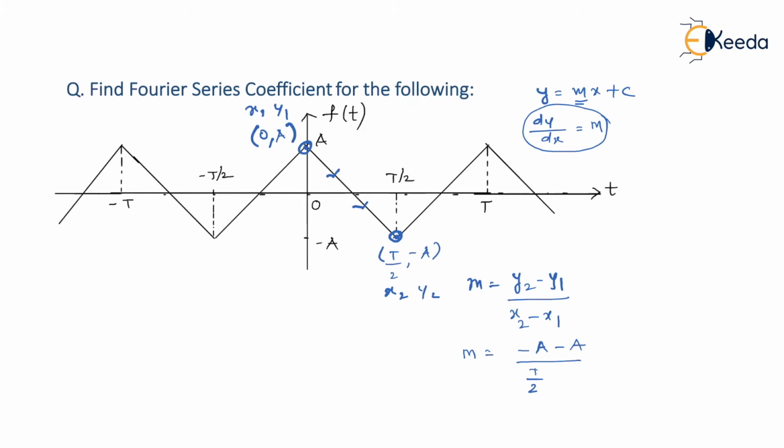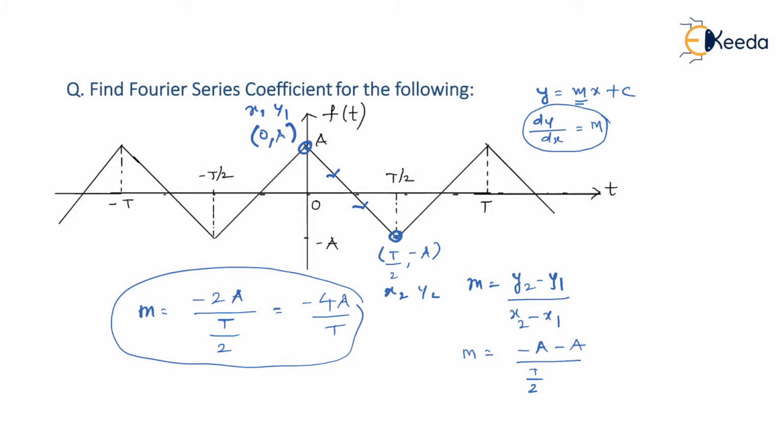So the value of m is simply minus 2a upon t by 2, or I can write this as minus 4a by t. So the value of slope is minus 4a by t.